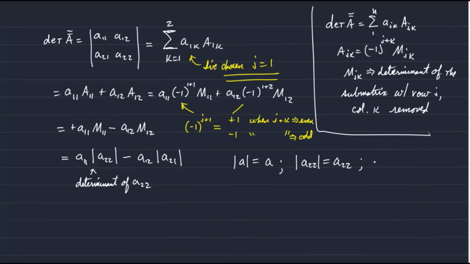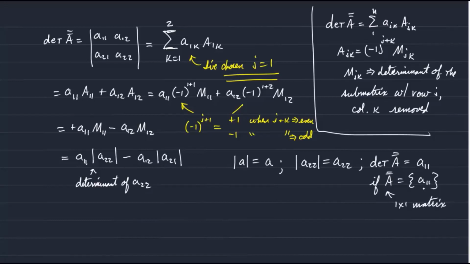Maybe I could write the determinant of a 1 by 1 matrix is equal to A11. So here's our matrix, and this is a 1 by 1 matrix.